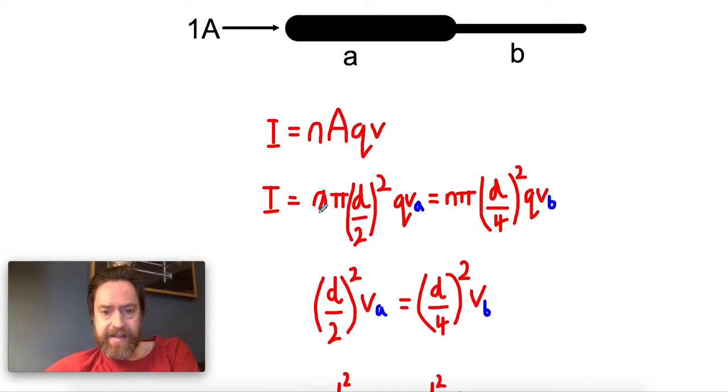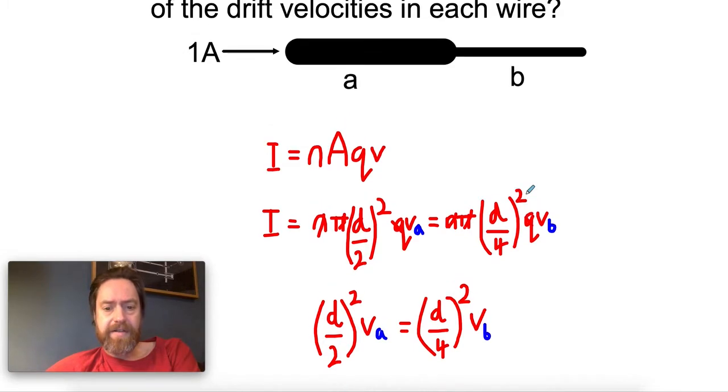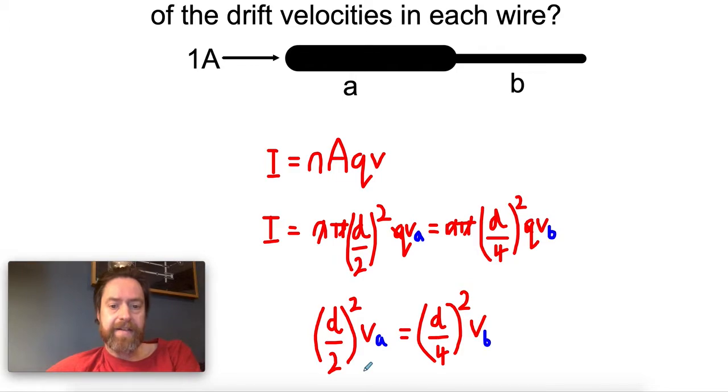The n is the same in both of them, the pi is the same in both of them, so they cancel. The q is the same, so that cancels. So it becomes a lot simpler and nicer to look at. We get d over 2 all squared times VA equals d over 4 all squared times VB.